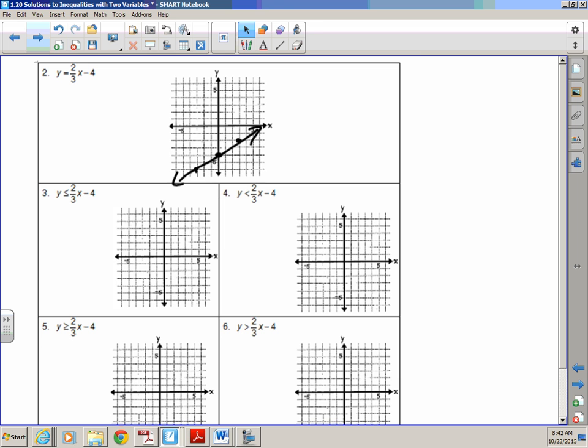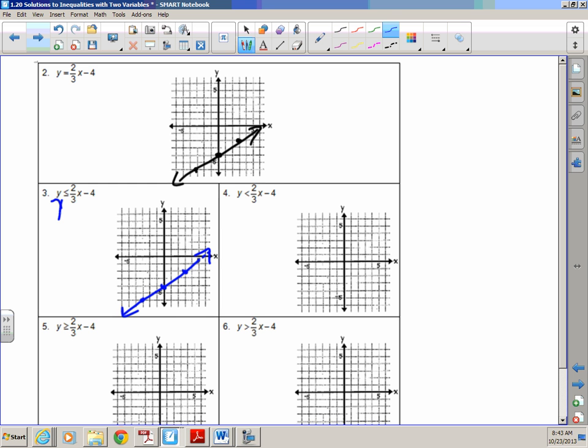Now I want to draw this in the context of an inequality. Well, those same 3 points are going to exist. If you recall, I have an equal sign under this inequality. That's going to tell me, like my filled in circle, that it's part of the solution set.